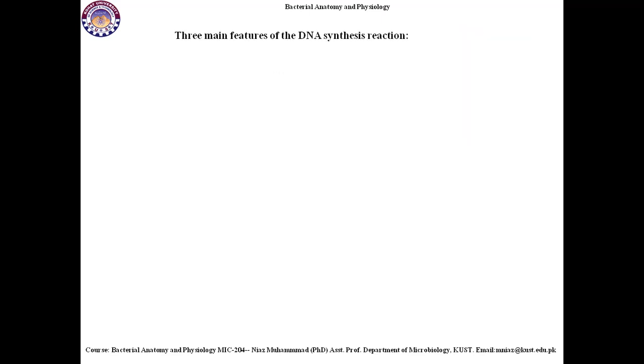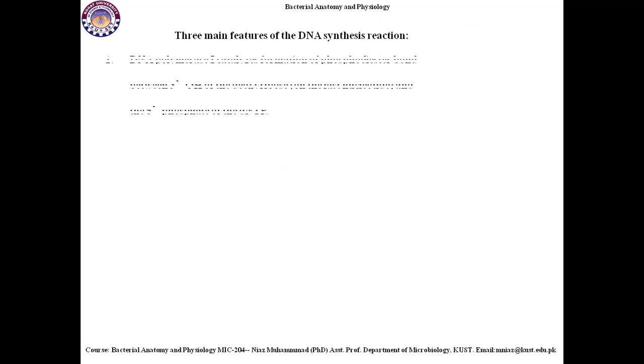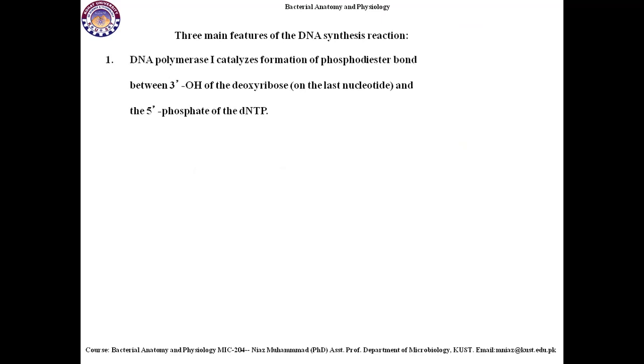Three main features of the DNA synthesis reaction. DNA polymerase 1 catalyzes formation of the phosphodiester bond between the 3' hydroxyl of the deoxyribose on the last nucleotide and the 5' phosphate of the dNTPs.